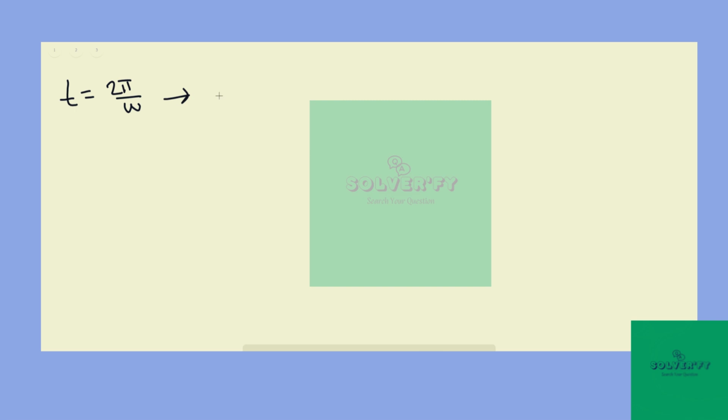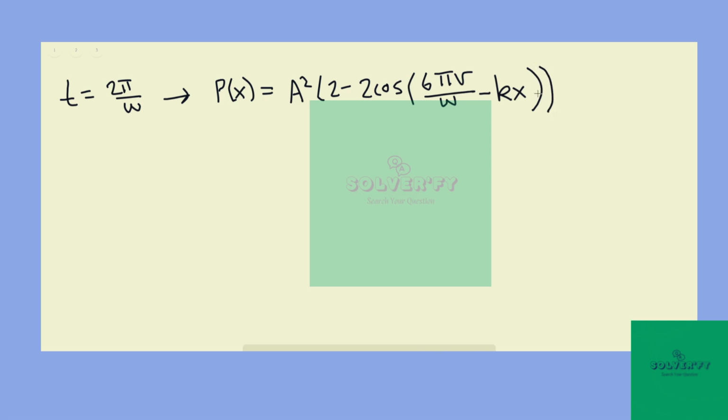Our probability density function, call it p of x, is going to be equal to, in this case, a squared times 2 minus 2 cosine of 2 pi v over omega minus kx. So same thing, we want to minimize, we want cosine to be the most negative so that when it multiplies by -2, it makes this the most positive.